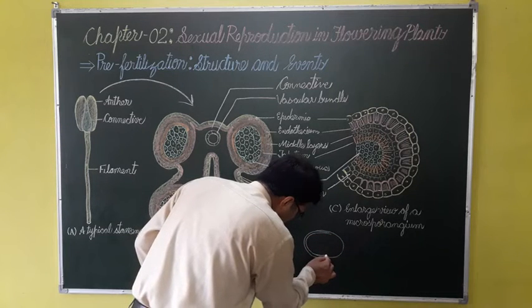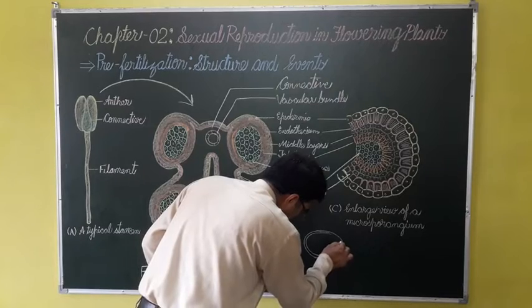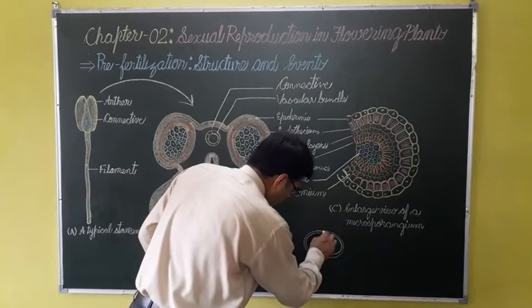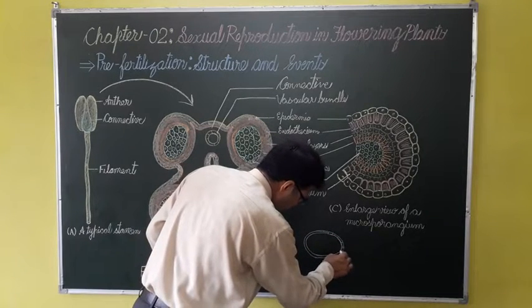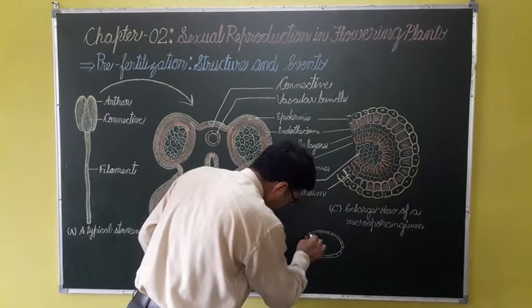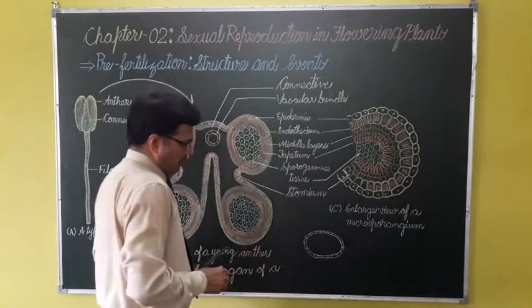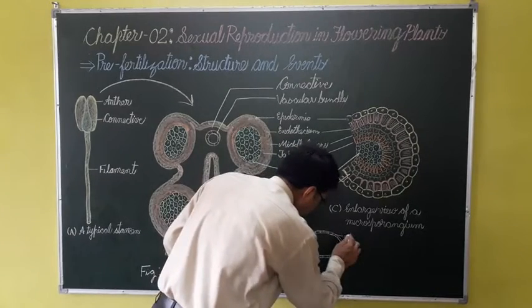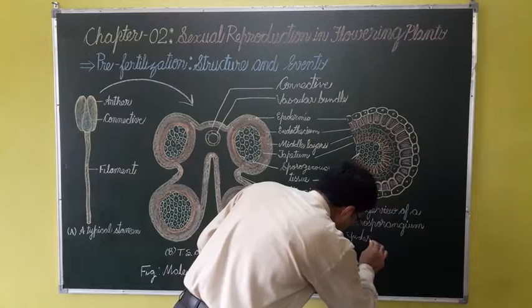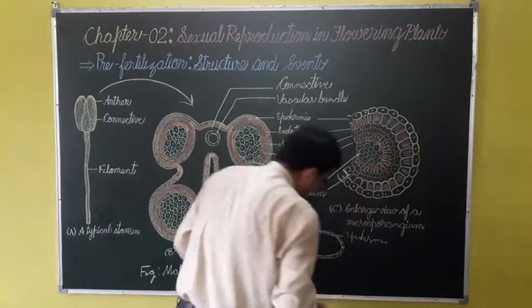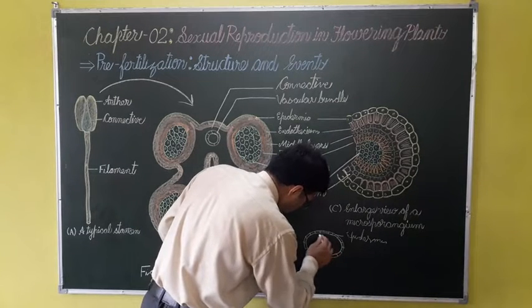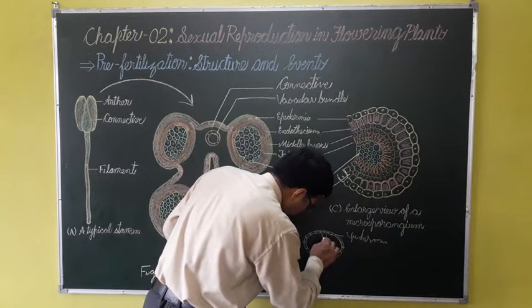This is the epidermis. And in the center, there is a group of parenchymatous cells.